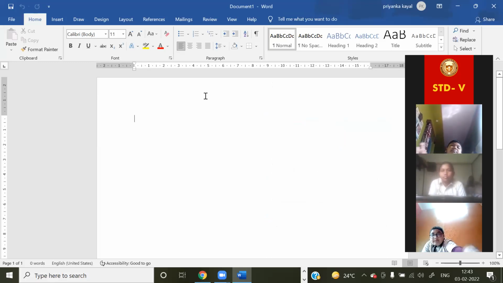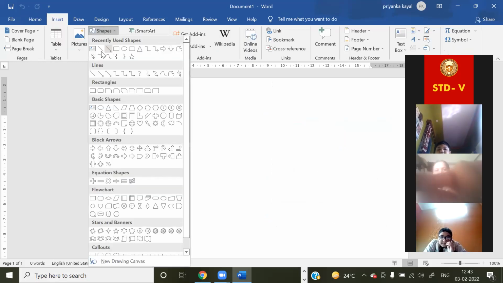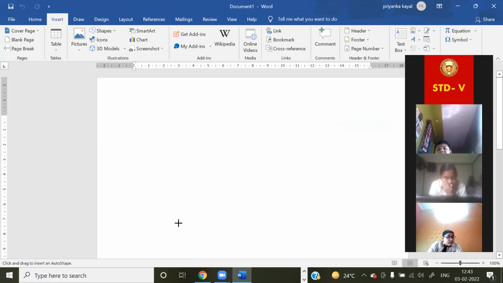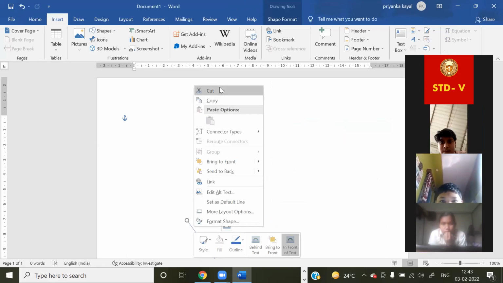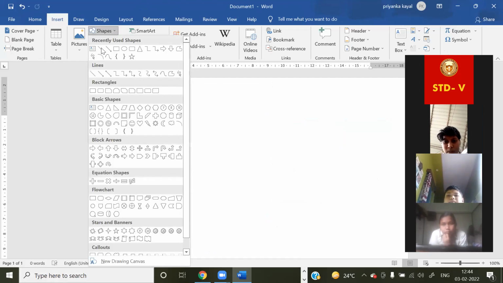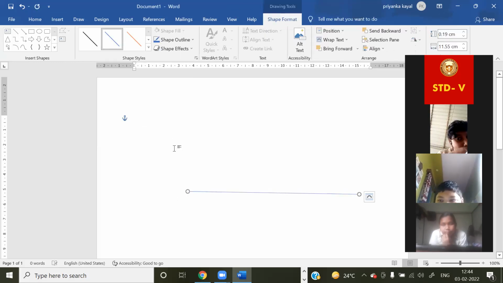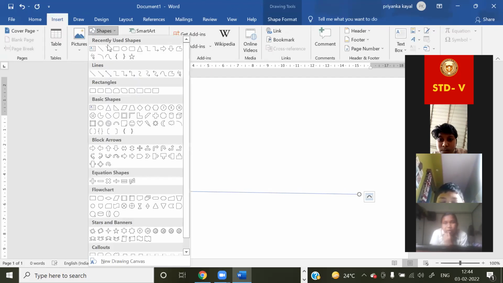Now look at this. Basically, to draw a bar graph, first we have to take two lines, one horizontal, another vertical. I have taken one horizontal line.